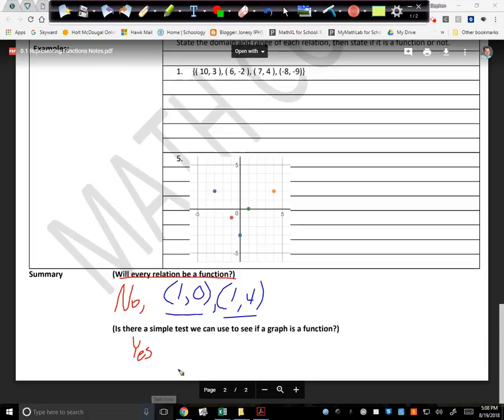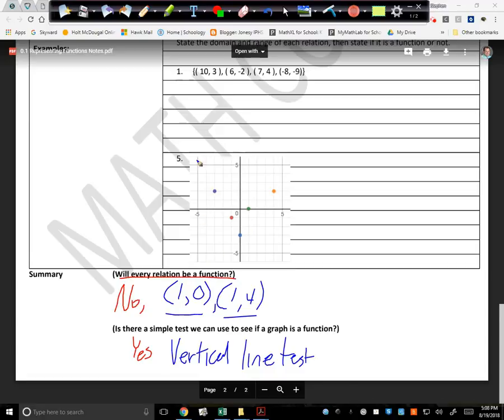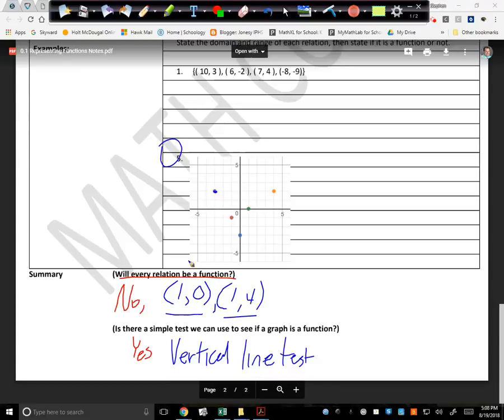And second one, is there a simple test we can use to see if the graph is a function? Yes. It's called the vertical line test. Okay, vertical line test. And here's how this works. If we look at this problem up here, number 5, we already said yes, this is a function. We've got elements, domain and range here, here, here, here, and here graphed out. So the vertical line test works on a graph.